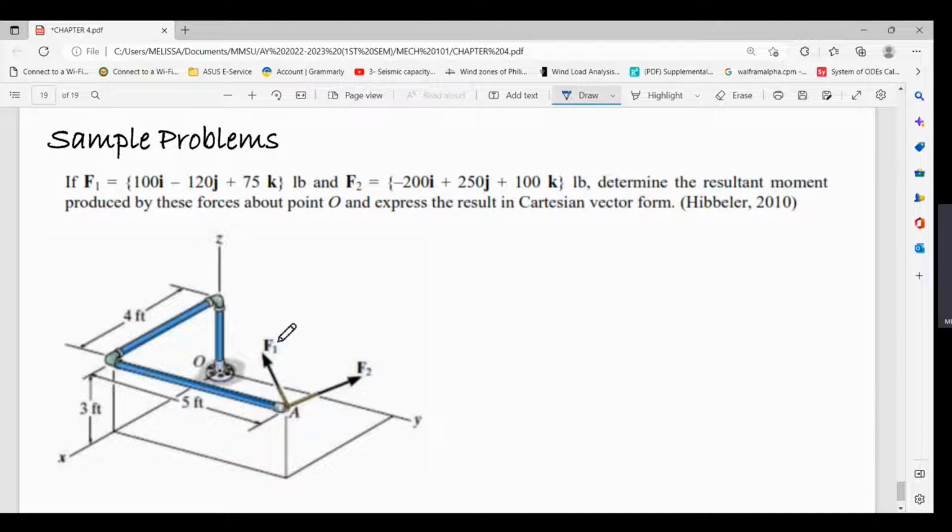So una is by determining the moment at point O by using F1 cross yung kanyang position vector R, of course, plus yung F2 cross yung kanyang position vector R din. Okay. So this is the first step. And the other step is by having the resultant cross of R.